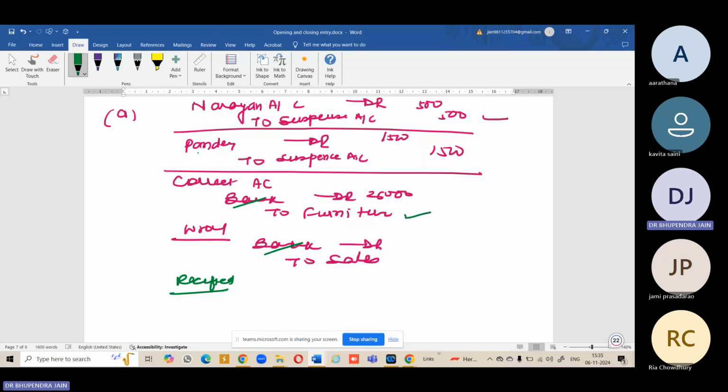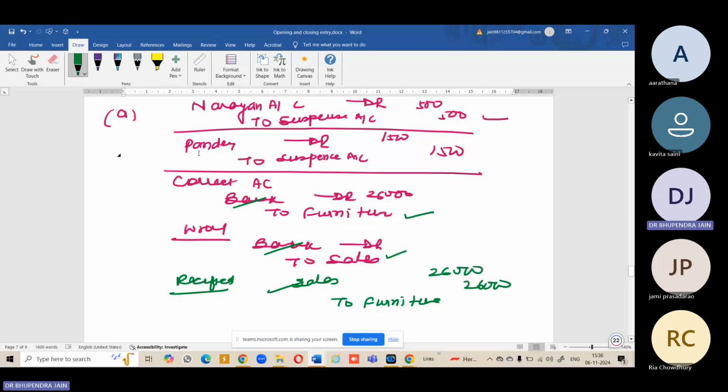Write down the correct in the correct side, so to furniture, and wrong in the opposite side. So what will be the rectified entry? Sales account debit to furniture. No suspense is given, so nothing is transferred in suspense account.